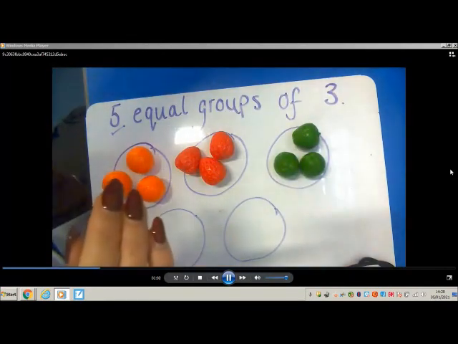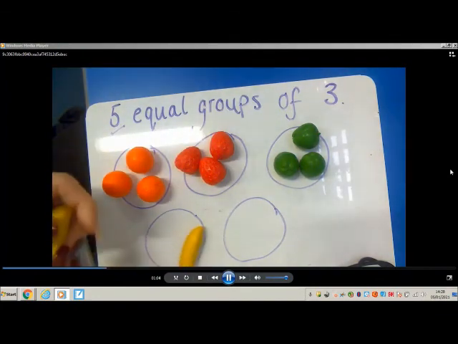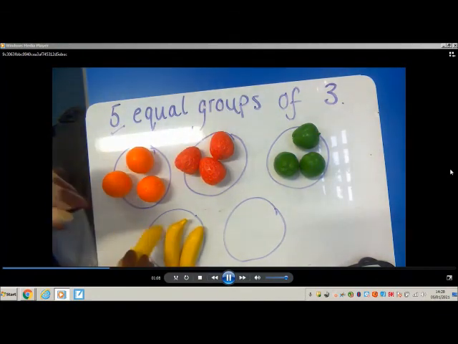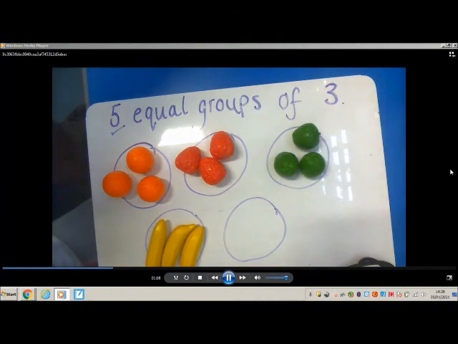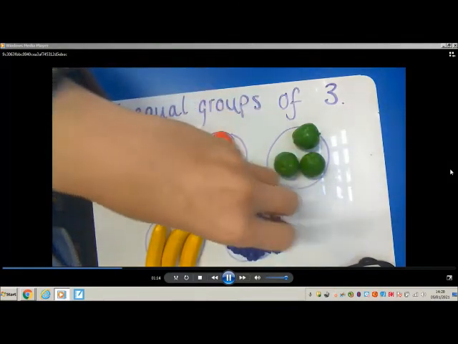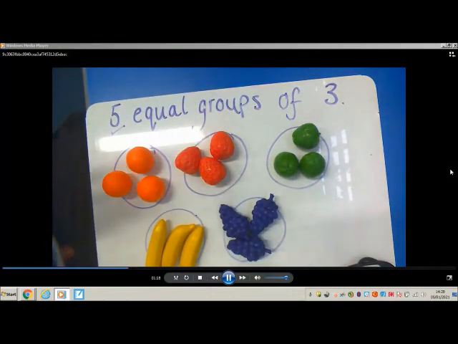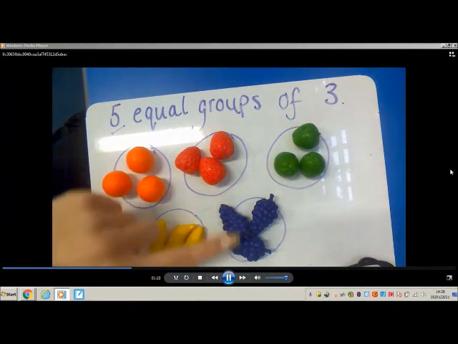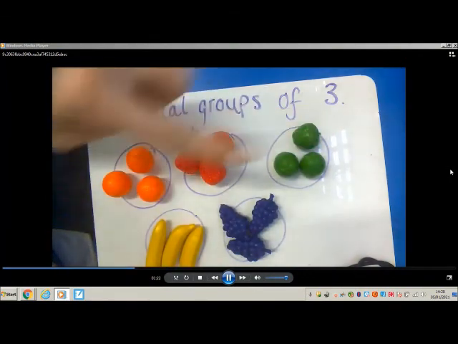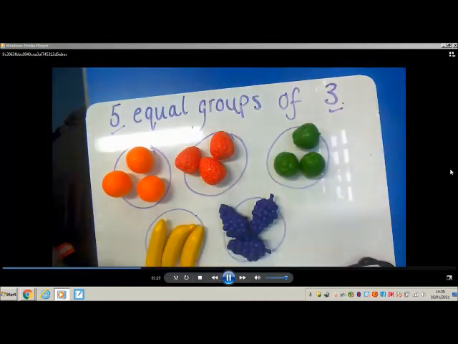So it's 3 in each. I'm keeping it equal. 1, 2, 3. And last group, because they all need to be the same, 1, 2, 3. So now I can check, and I'm going to count each one to check I've got 3 in each one to make sure they're equal, the same. And then I can tick off 3 because I've used that number.